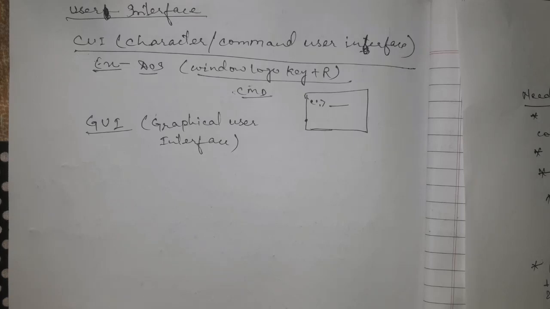Then we learned about application software, then system software and its types: operating system, language processor, device driver, utility software. Then what an operating system is, the need for it, its different functions or features, and the types of operating system we have at present. And the last topic was user interface.